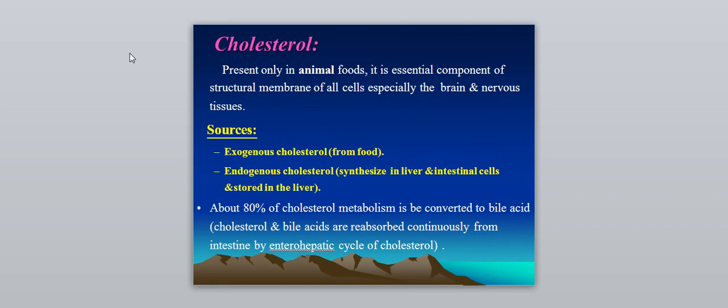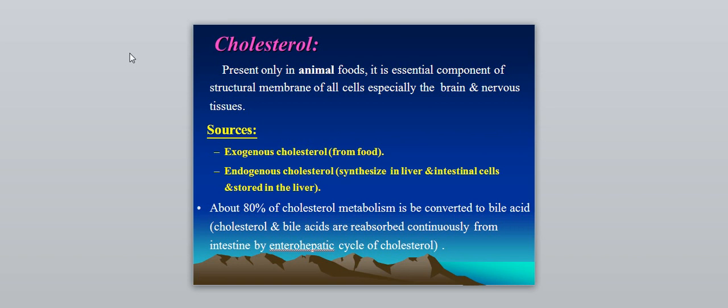Cholesterol is present only in animal food, and it is an essential component of the membrane structure of all cells, especially the brain and the nervous system. There are two sources of cholesterol, either exogenous cholesterol from food or endogenous. It will be synthesized in the liver and intestinal cells and stored in the liver. 80% of cholesterol metabolism is to be converted to bile salt, to bile acid.